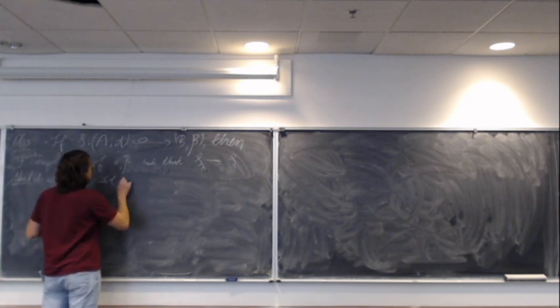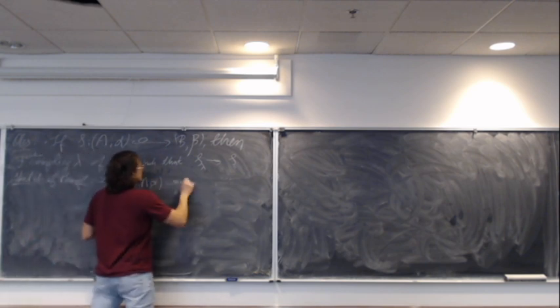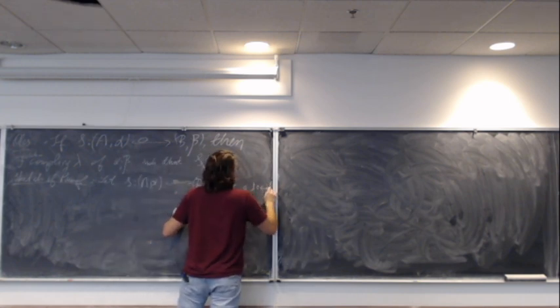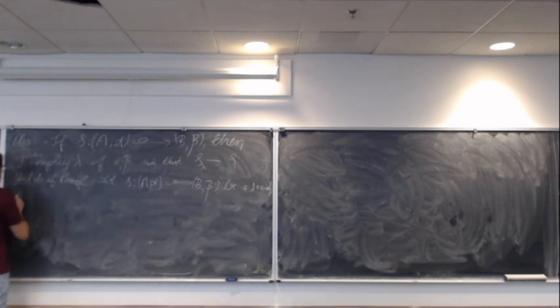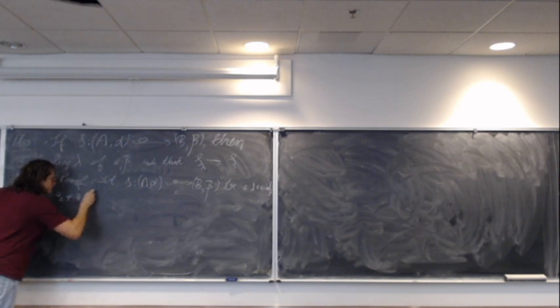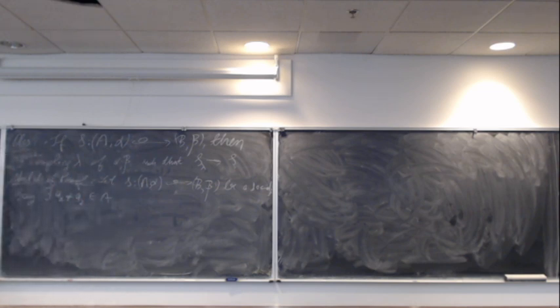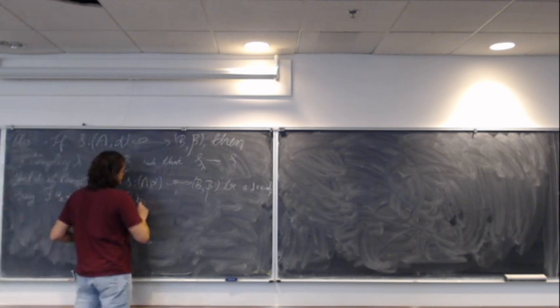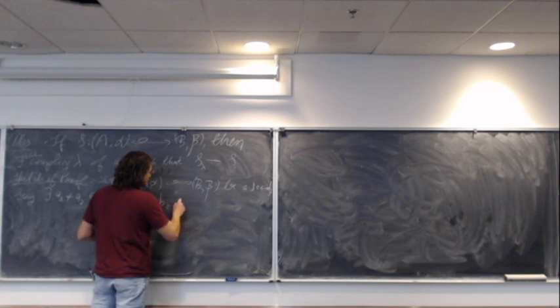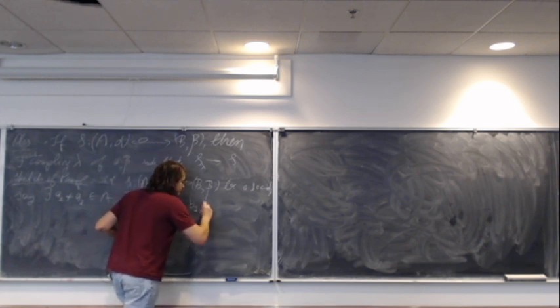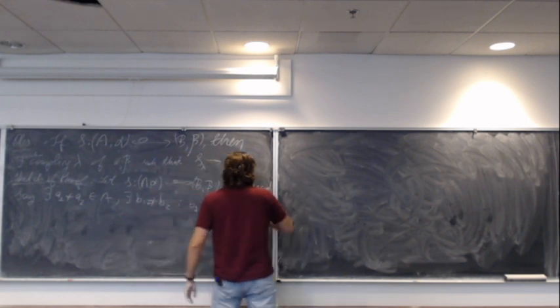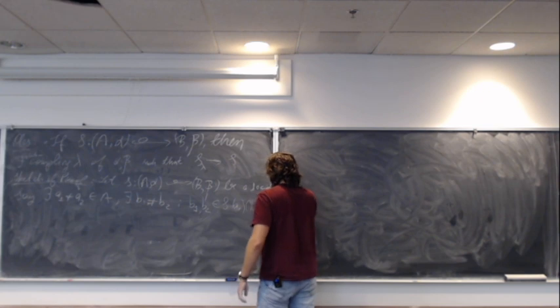So say there are 2 distinct points in A, and there are 2 distinct points in B, such that this happens.